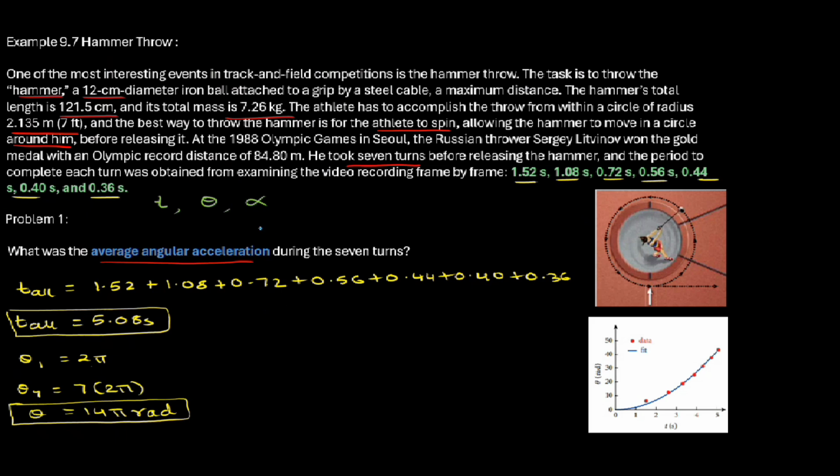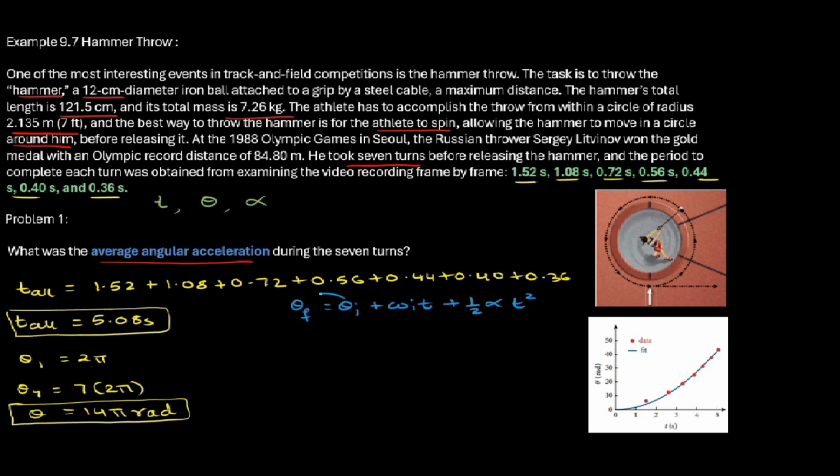To find the angular acceleration alpha, I'm going to use the first equation of motion, which says theta final is equal to theta initial plus omega initial t plus half alpha t squared.